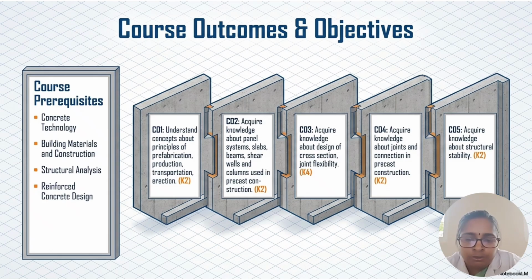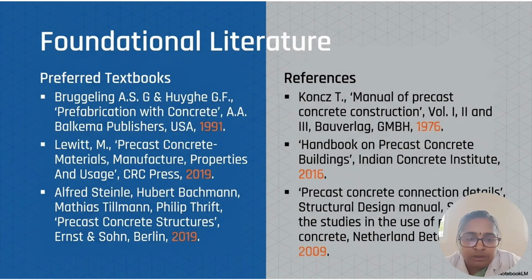And the fourth unit helps you to understand about joints and also to acquire knowledge in connection in precast construction. And the fifth unit deals with structural stability. The preferred textbooks and reference books are listed here.